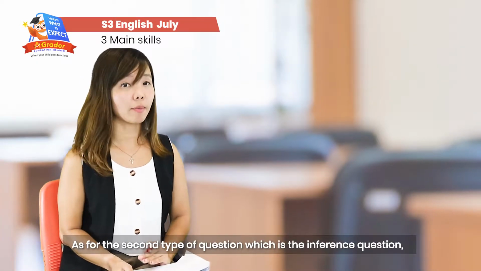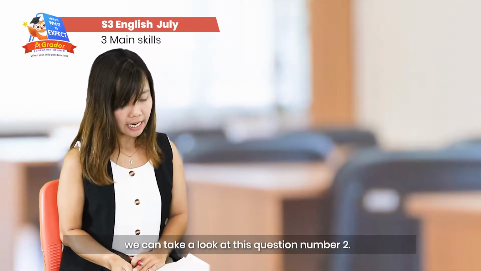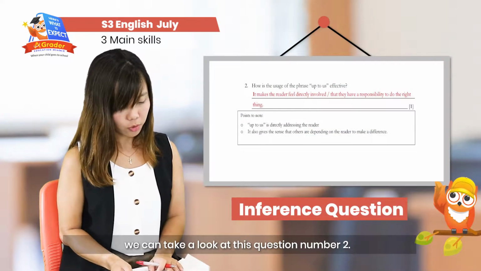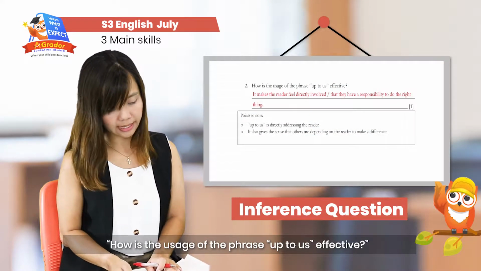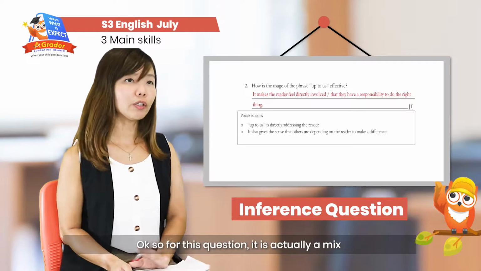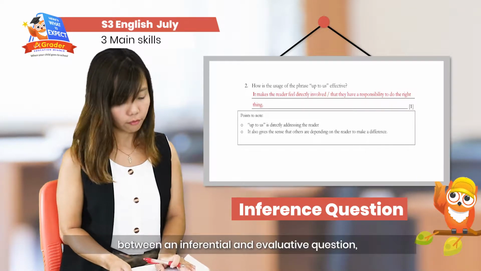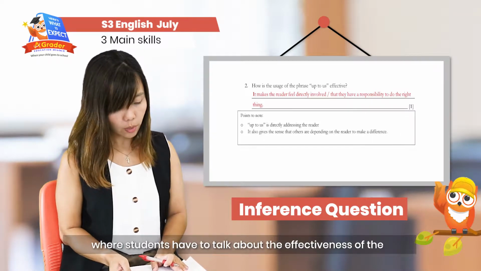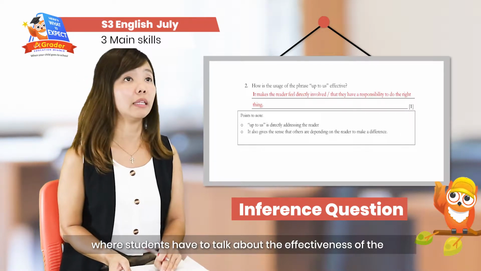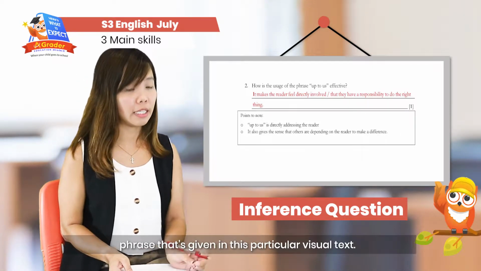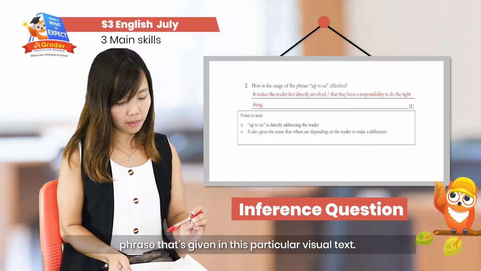As for the second type of question, which is the inference question, we can take a look at question number 2. How is the usage of the phrase "up to us" effective? For this question, it's actually a mix between an inferential and evaluative question, where students have to talk about the effectiveness of a phrase that's given in this particular visual text.